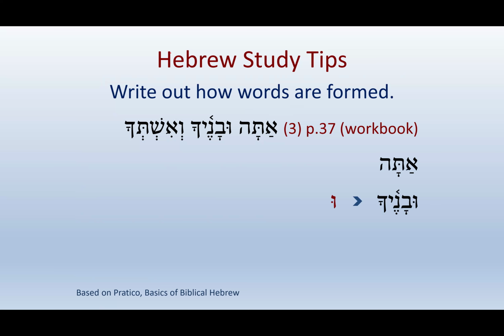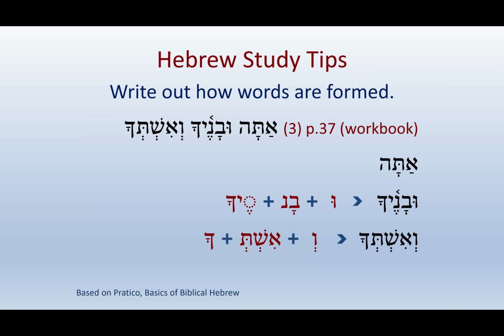We have u, that's and. We have ben, that's son. We have the yod in there that tells us it's plural, and then we have the second person masculine singular pronominal suffix. And so this is and the sons of you. And then we have ve, and, and then the isht is wife, and then the second person masculine singular pronominal suffix, you.